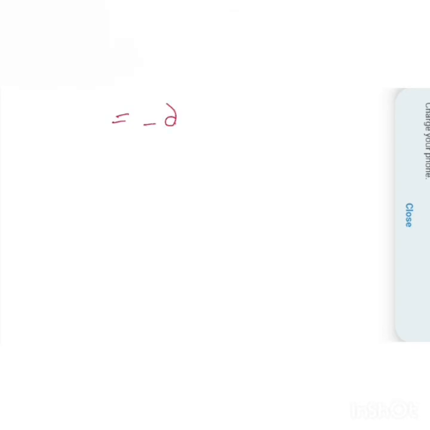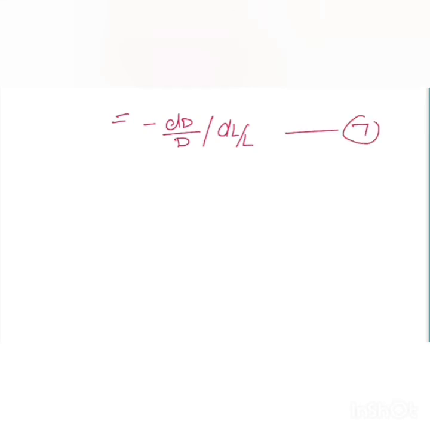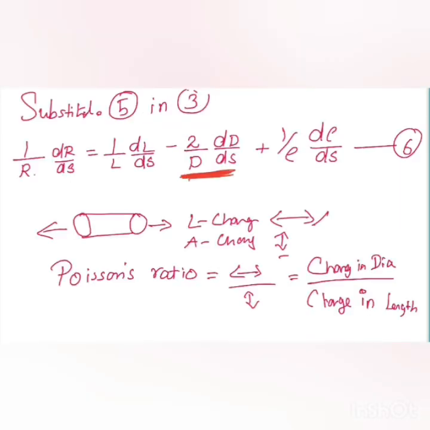So the same thing can also be written as minus of dd by d the whole divided by dl by l. I'm going to rename this equation as equation number 7. Another important thing that you have to notice is that this Poisson ratio is denoted using a symbol mu.